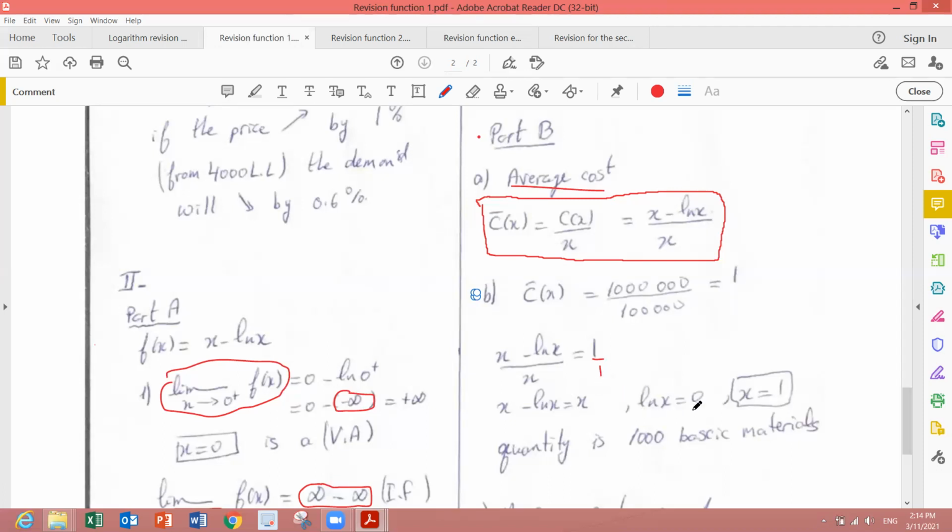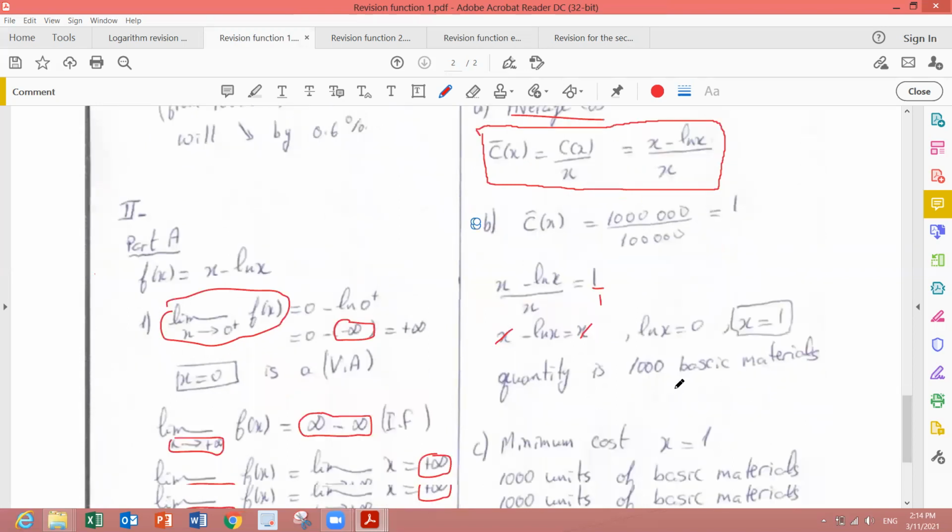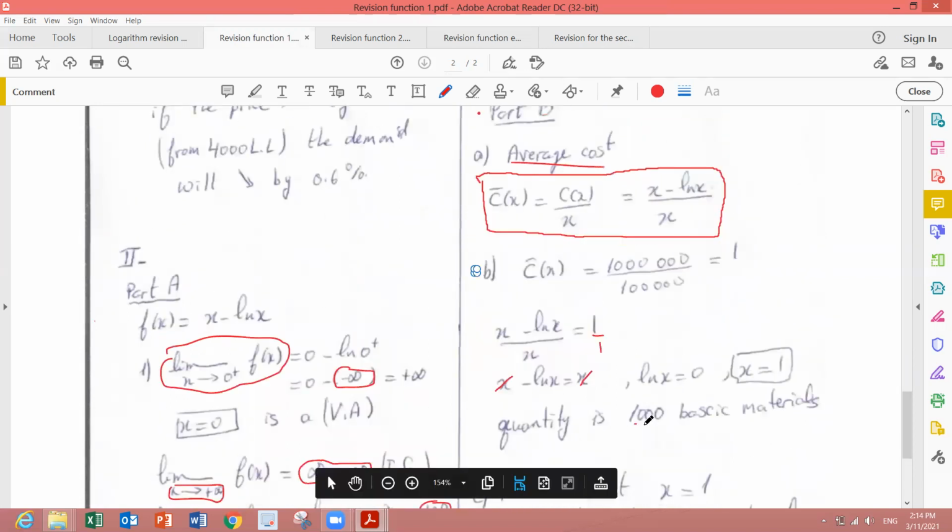Then ln x equals 0, since x and x simplify. I have ln 1 is 0. Then x equals 1. So the quantity is 1,000 basic materials.